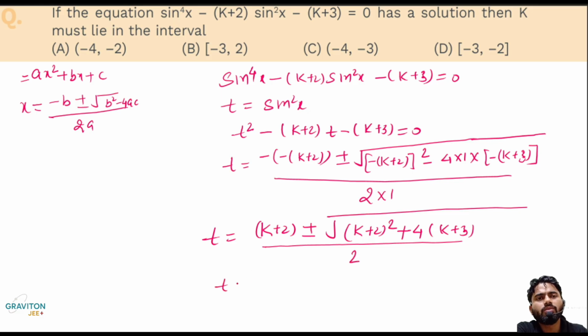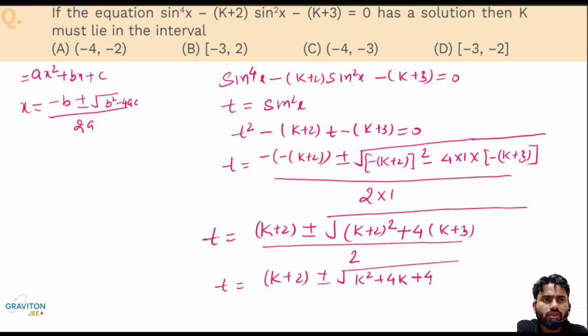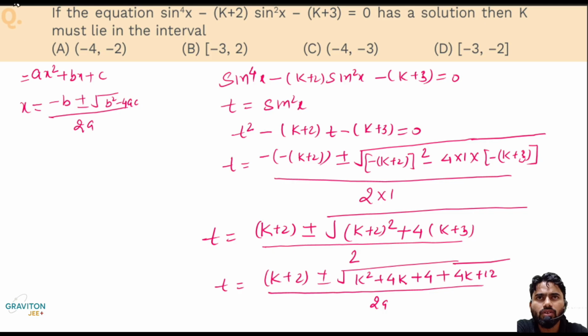Now this will give you k plus 2 plus minus root under k square plus 4k plus 4 plus 4k plus 12 upon 2.